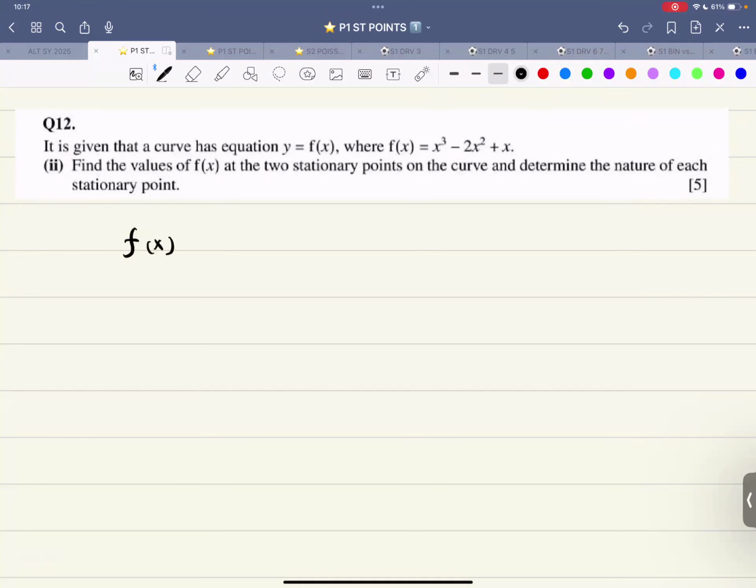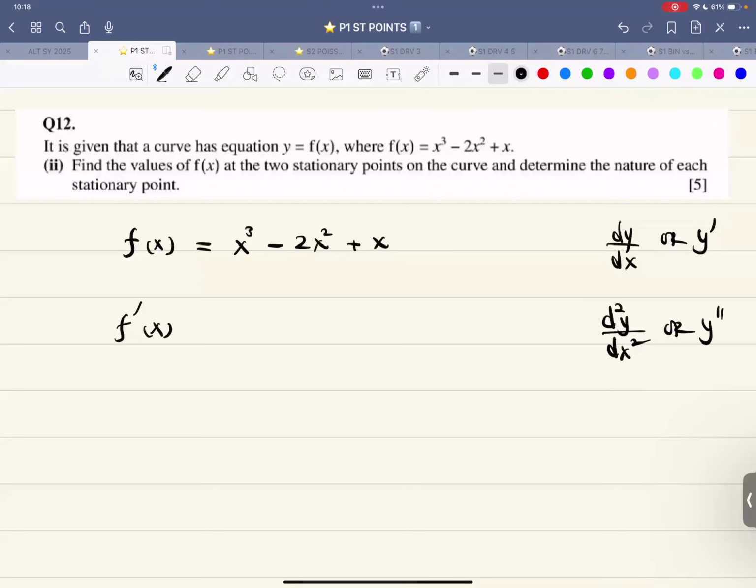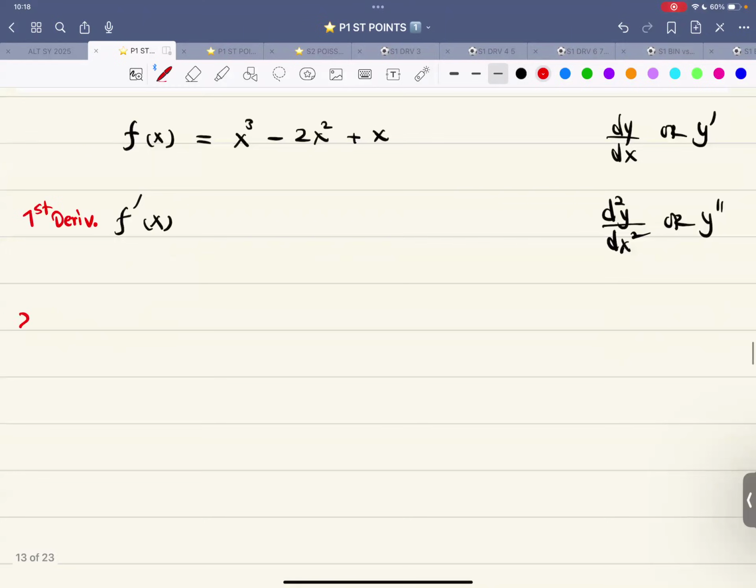It's written as a function f(x), that is x cubed minus 2x squared plus x. f prime x, so dy by dx can also be written as y prime. d squared y over dx squared can also be written as y double prime. f prime x means the first derivative in terms of function. And then the second derivative that I'll write, and that is f double prime x.